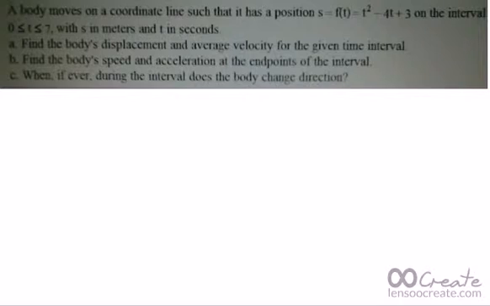So here we go. The first thing that we're going to get from here is s equals f of t equals t squared minus 4t plus 3. And we're also going to be using this piece of information.